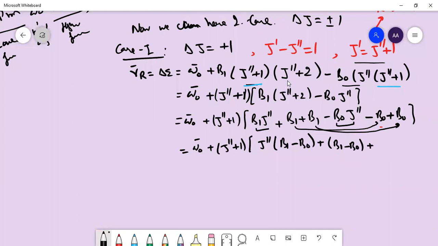Then I have here plus B1 plus B0. So what I have done is I have combined these two and paired up these two. Now I can take this as common.